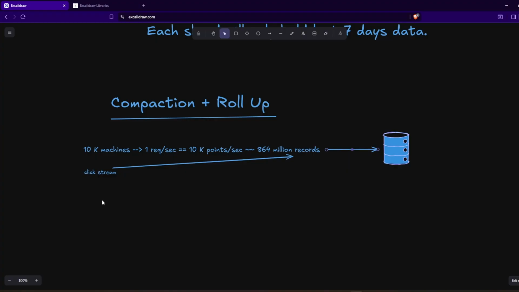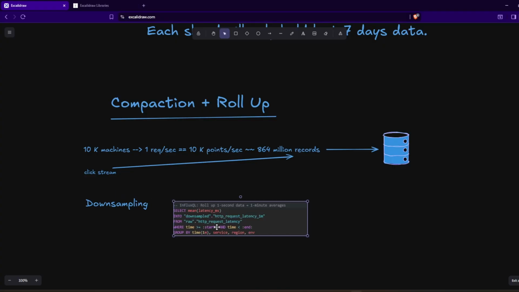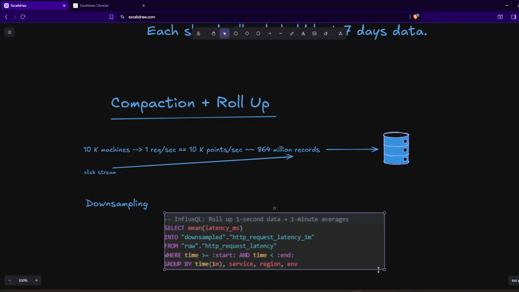So for this kind of data, what we do is something called downsampling. Okay, so what exactly is downsampling? I will try to explain it to you with a sample code. In InfluxDB, downsampling is done something like this.